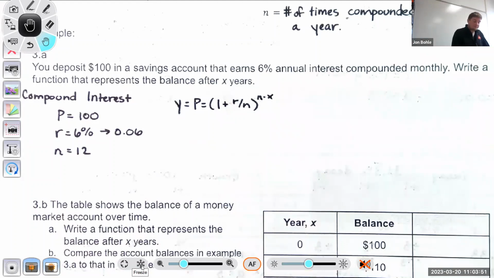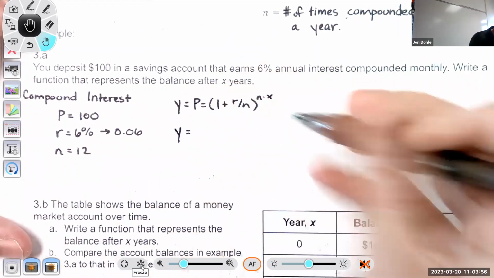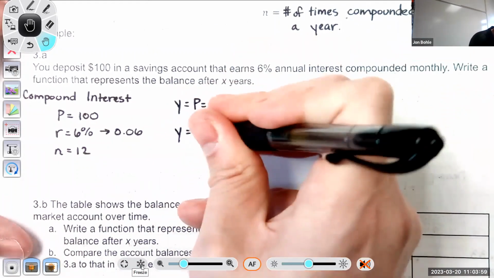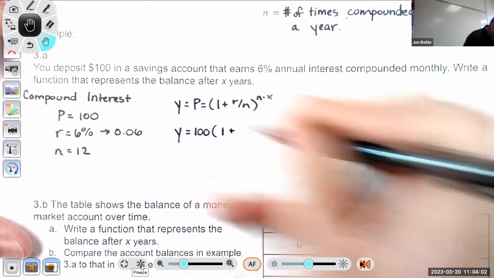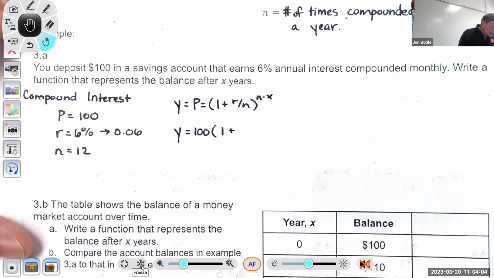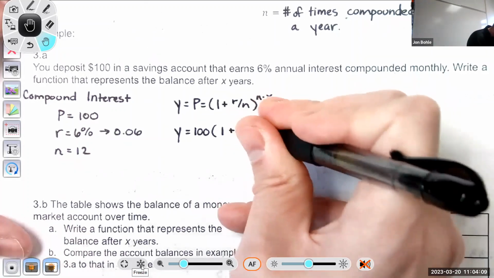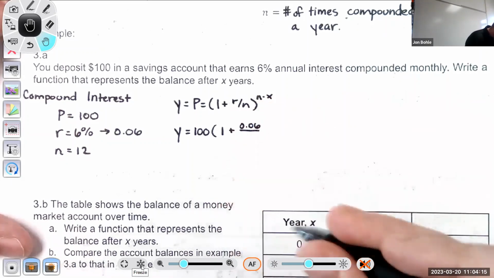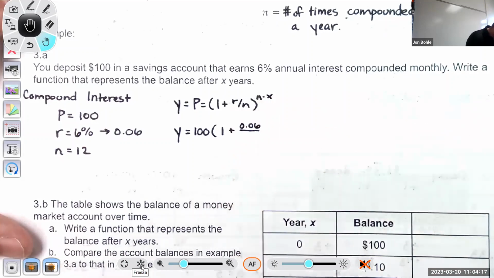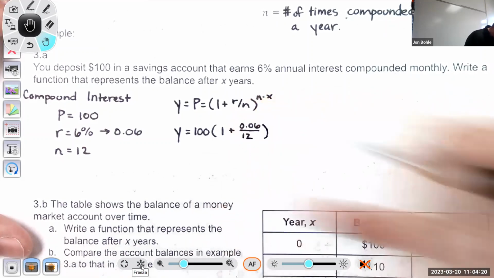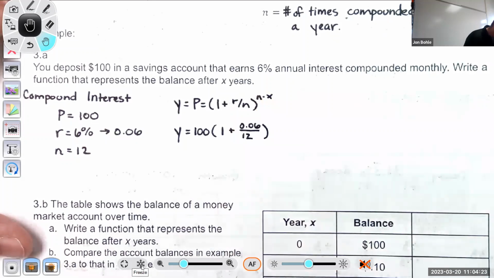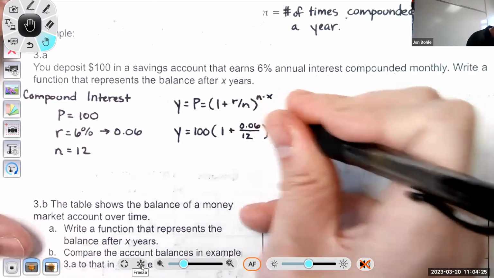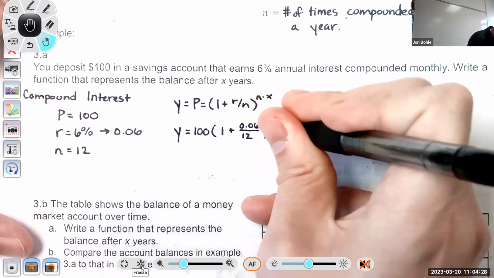So, Y equals P. What number is P? 100 times 1 plus R divided by N. So R is 0.06 divided by N. What's N? To the N times X power. So what's N? 12. Good.